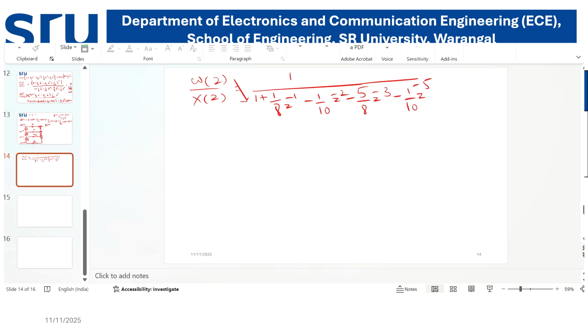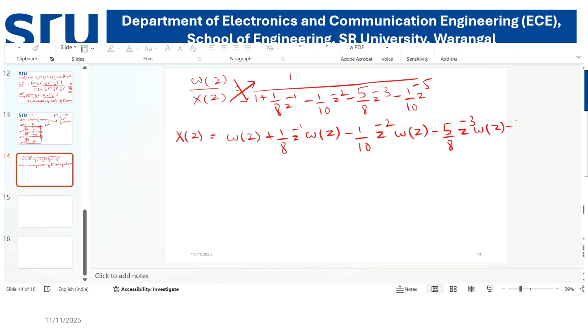Now again cross multiply on both sides. If you are cross multiplying, X of z equals W of z plus 1 by 8 z power minus 1 into W of z minus 1 by 10 z power minus 2 into W of z minus 5 by 8 z power minus 3 into W of z minus 1 by 10 z power minus 5 into W of z.